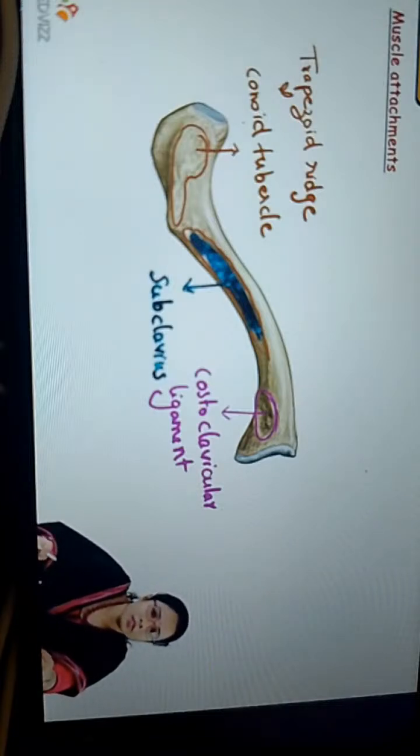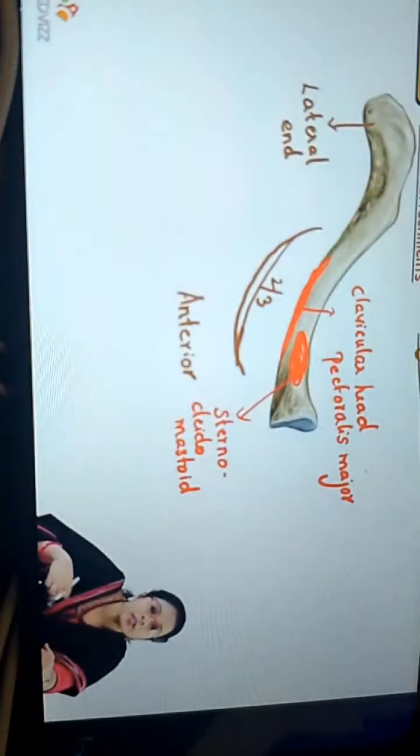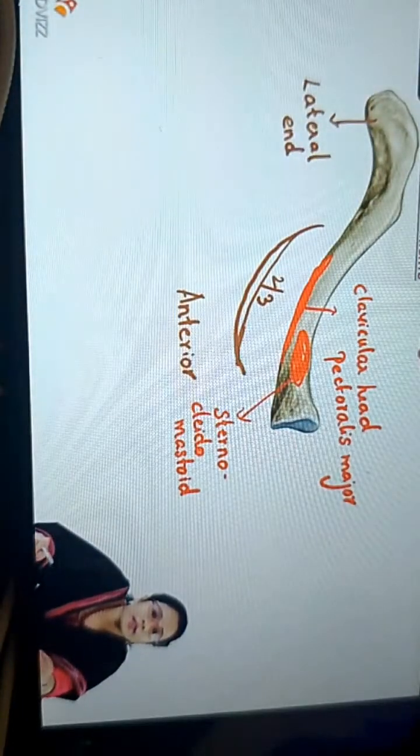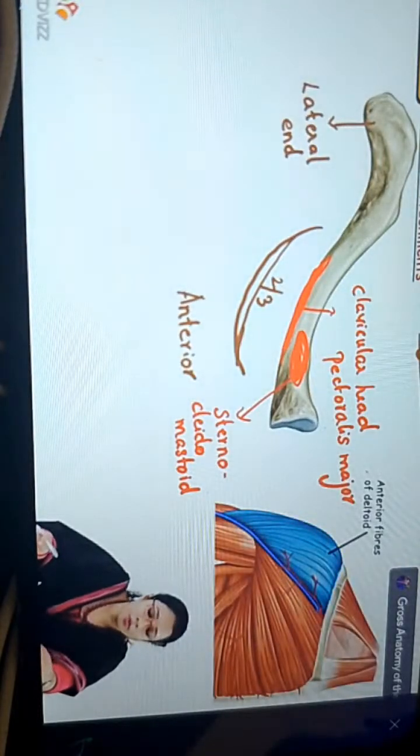Lateral one-third, first we will see on the superior aspect. The lateral one-third anterior border gives origin to the anterior fibers of deltoid.